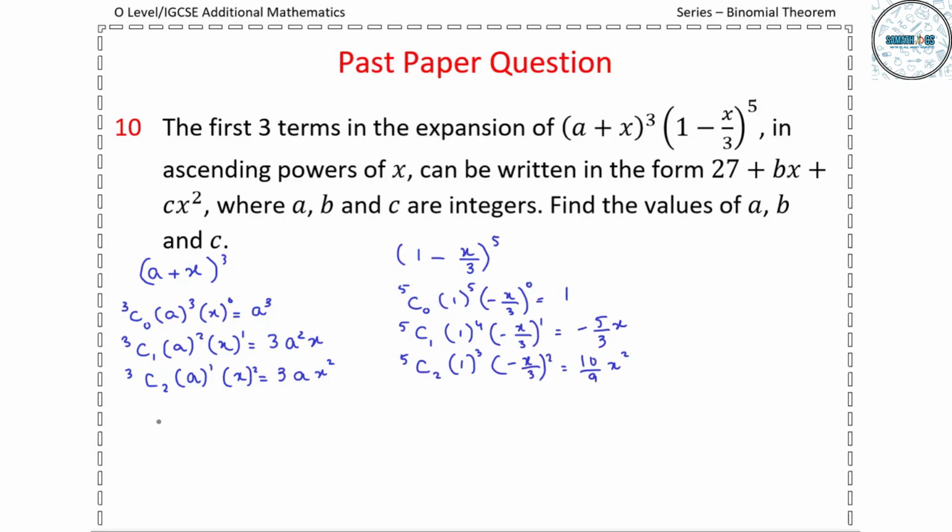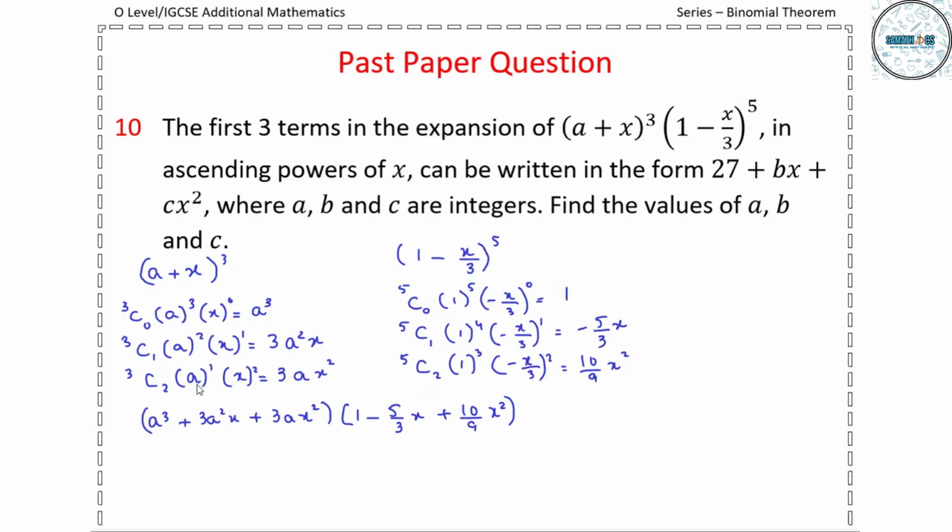Now we will multiply a cube plus 3a square x plus 3ax square by 1 minus 5/3 x plus 10/9 x square. We have to expand till x square.